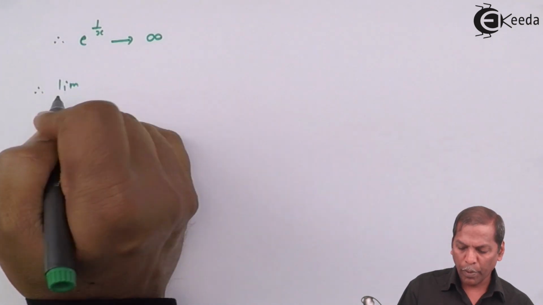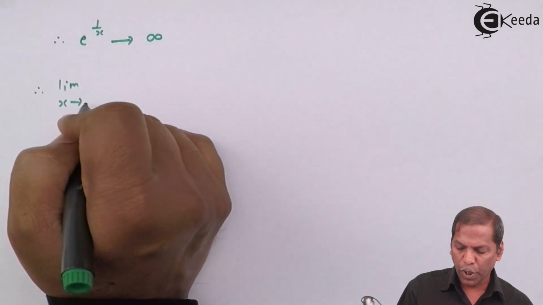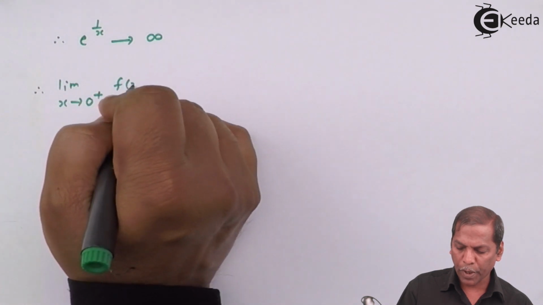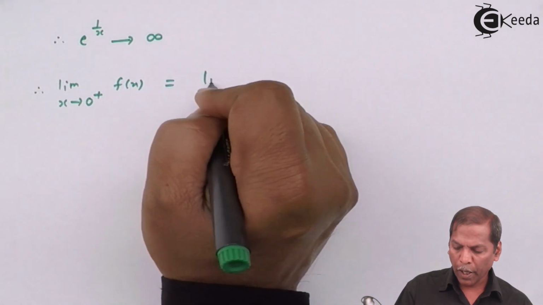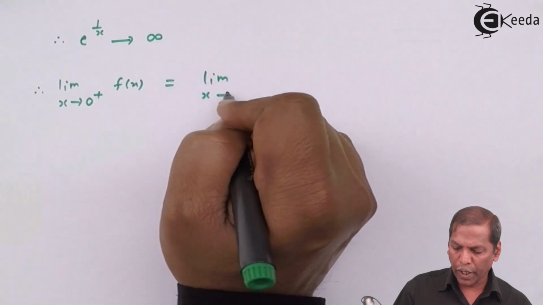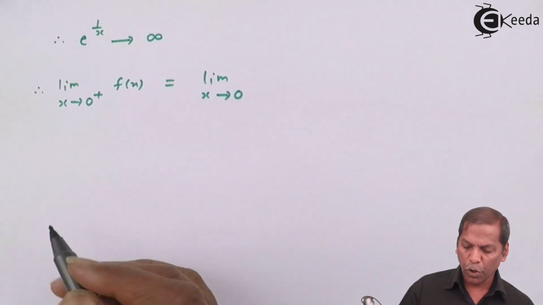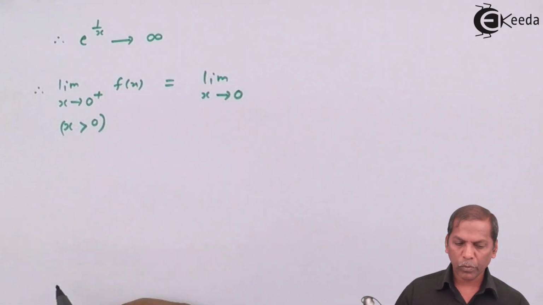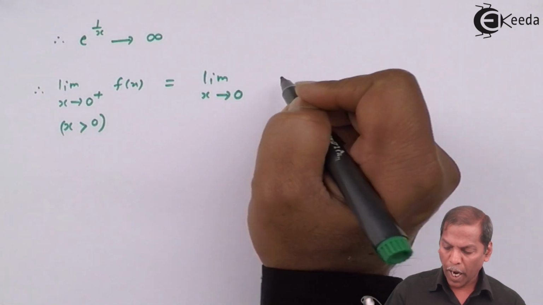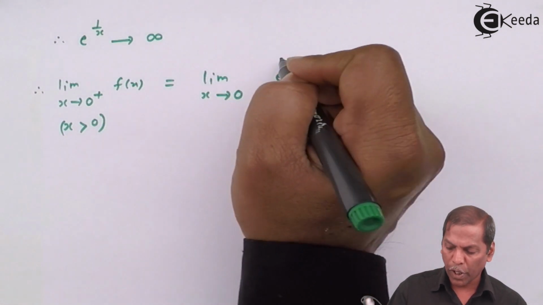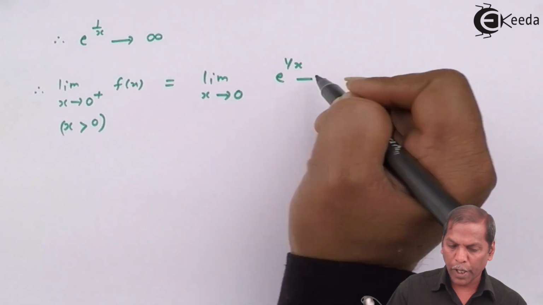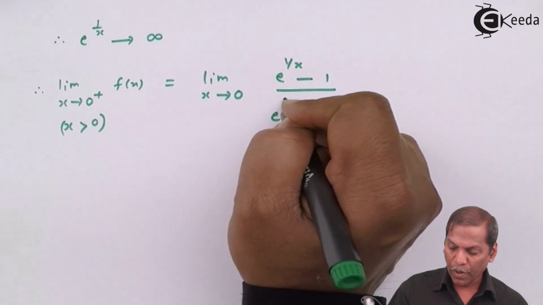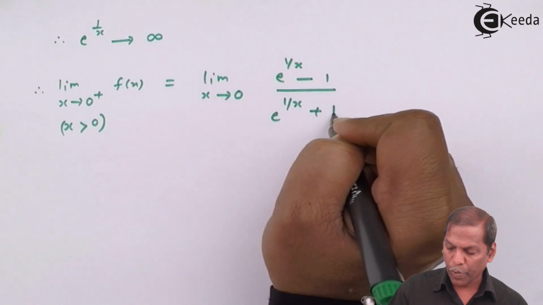Therefore, limit x tends to 0 plus f of x equals limit x tends to 0. Now 0 plus means x greater than 0, and in that case we have f of x equal to (e raised 1 upon x minus 1) upon (e raised 1 upon x plus 1).